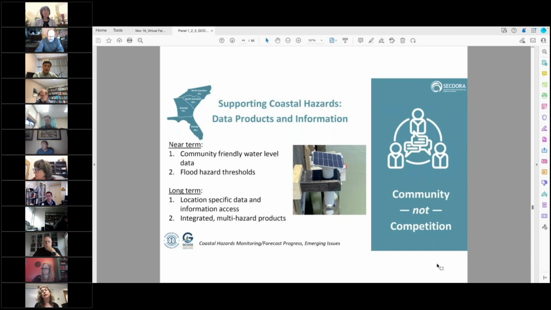So in collaboration with communities, in addition to providing the technical assistance on figuring out what sensors will work for them, where they should be installed, how they should be installed, we're also working with these communities to understand flood hazard thresholds. You know, what infrastructure will be impacted at what level based on the data they're receiving.